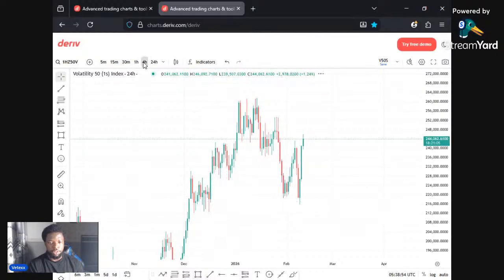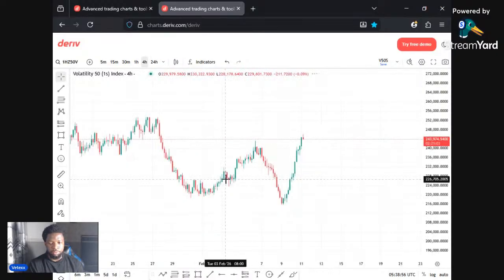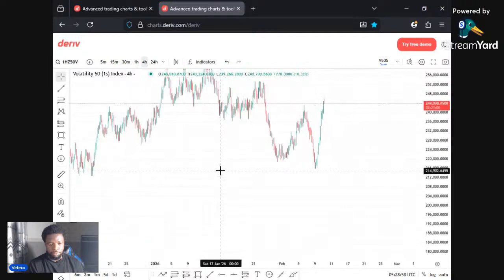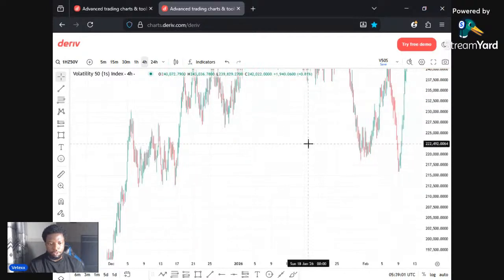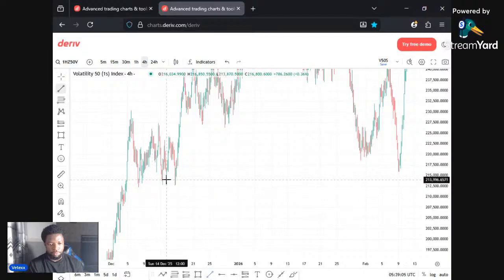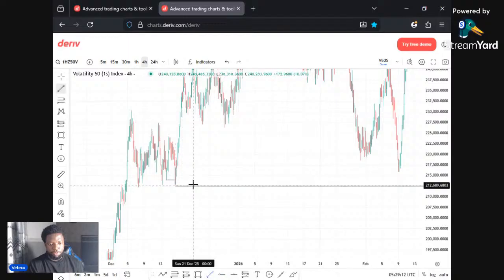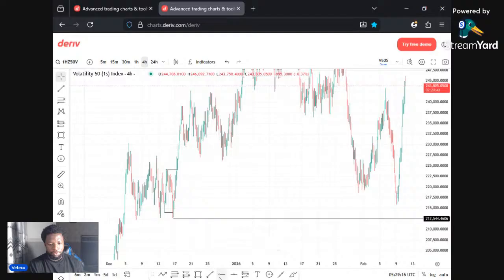Let's go to the 4-hour time frame and see it clearly. We had a sweep of liquidity here. We have a protected low here. We have our first break of structure, which is here. We have protected low, structural liquidity, which is here.